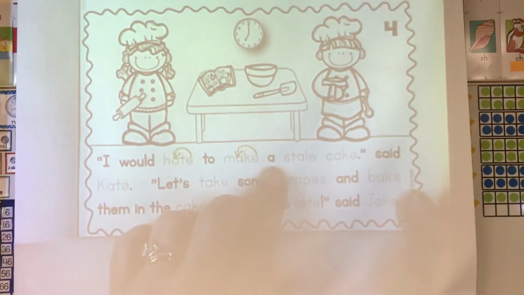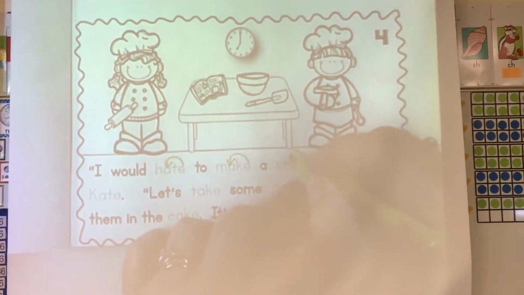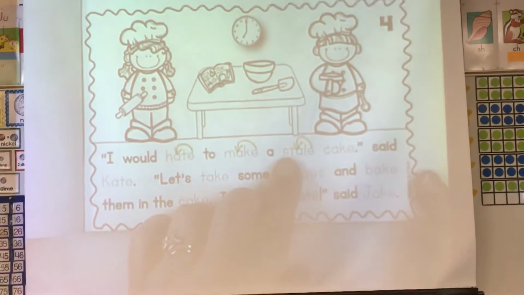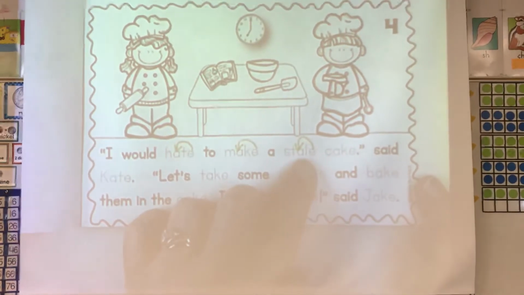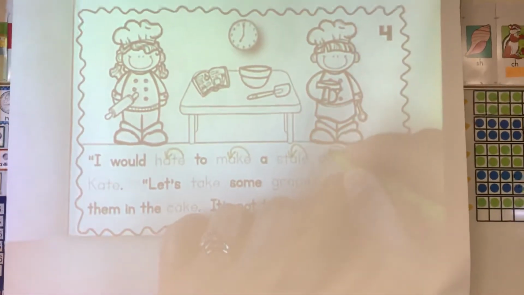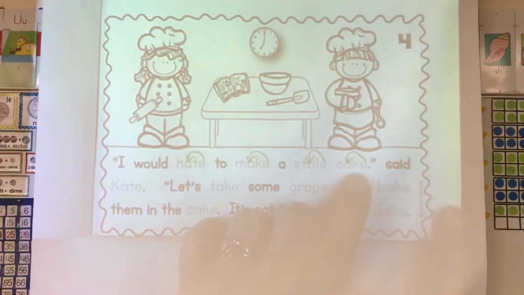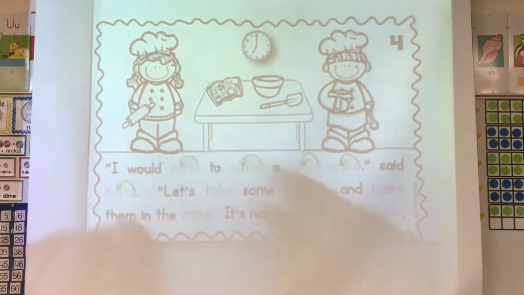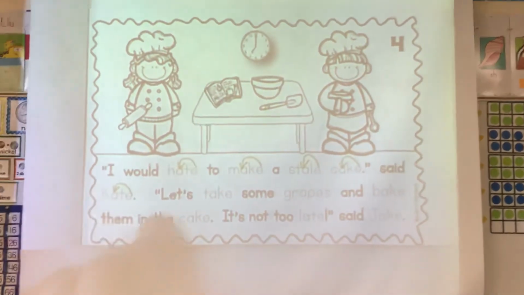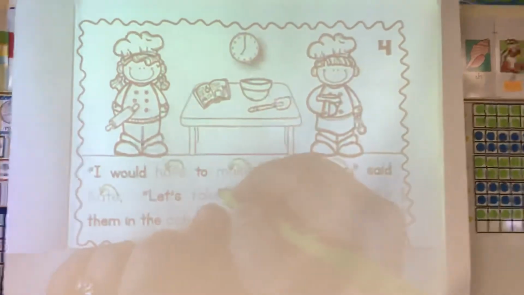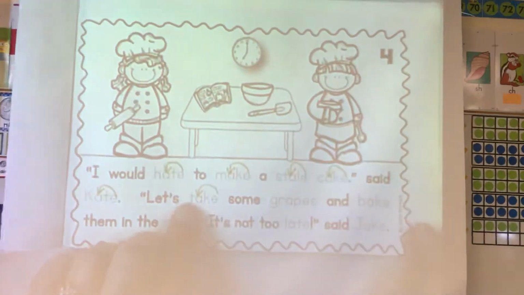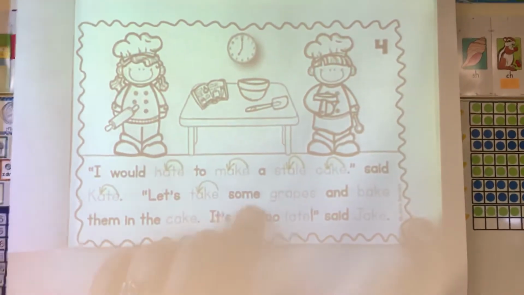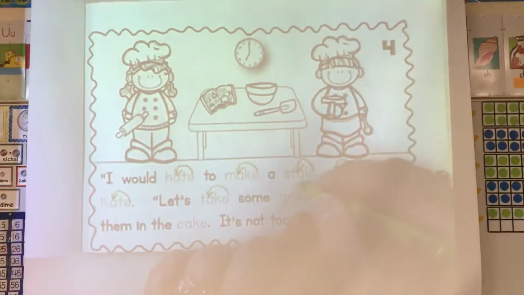Make a... Draw an arrow. Stale. Draw an arrow. Cake, said Kate. Let's... Draw an arrow. Take some... Draw an arrow.